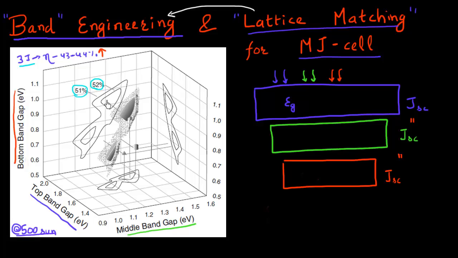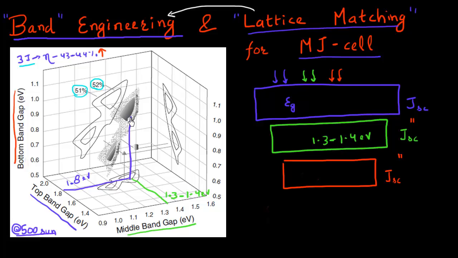And then further, what I can do is extrapolate this contour into the band gaps of these individual materials. If I do that, then what I see is that the optimal band gap of the top material should be close to 1.8 electron volt. The band gap of this middle material should be in between. If I take this contour and extrapolate it to this middle material, it suggests that its band gap should be between 1.3 to 1.4 electron volt.